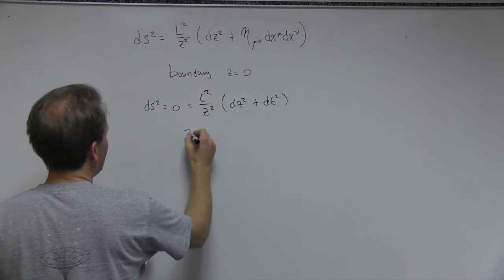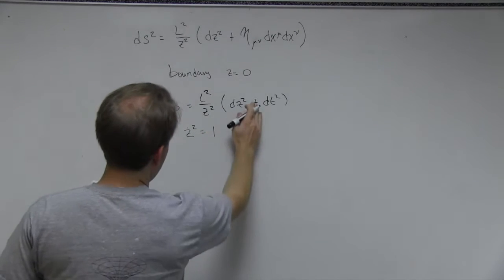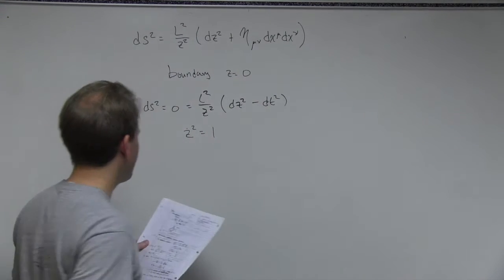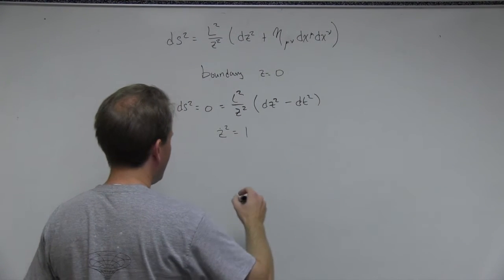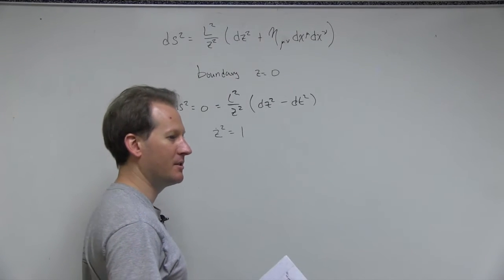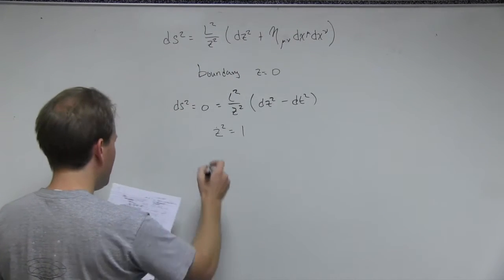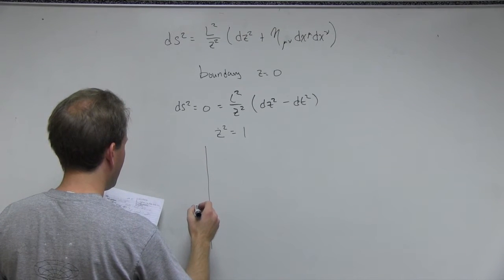That just tells you z dot squared equals 1, obviously. And so these are just straight lines in the zt plane. Obviously, they're not actually straight lines because of the curvature. It's dt squared equals dz squared, right? Okay.